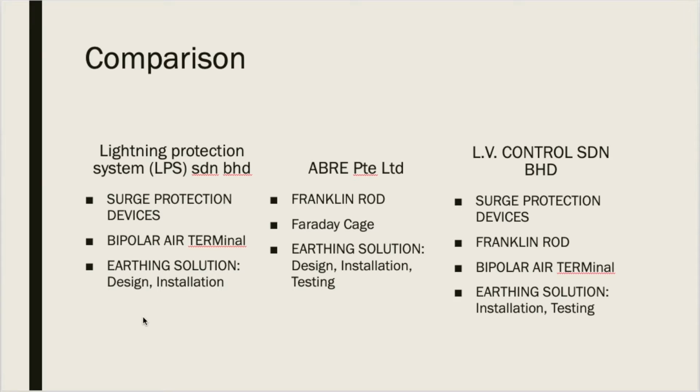For Abri PTE Limited, they offer Franklin Rod and Faraday cage for lightning protection system and earthing solution, which include design, installation, and testing. For LV Control Sendirian Berhad, they offer surge protection device, Franklin Rod, bipolar air terminal, and this is for a lightning protection system. And for earthing solution, they can do installation and testing.